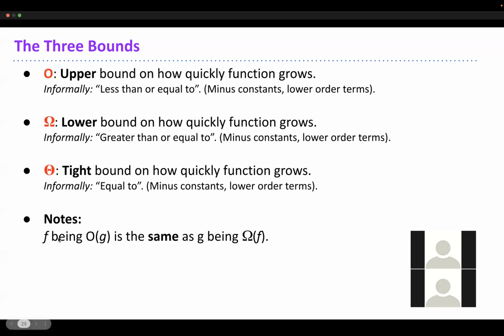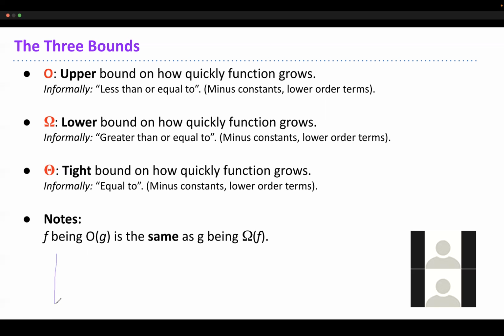And some notes: f being big O of g is the same as g being omega of f. So why is that? Let me draw it out real quick.